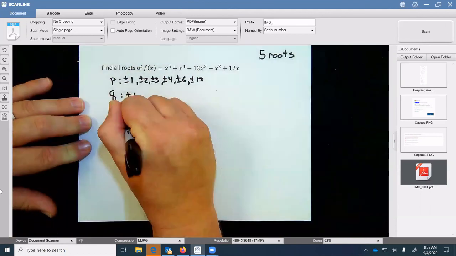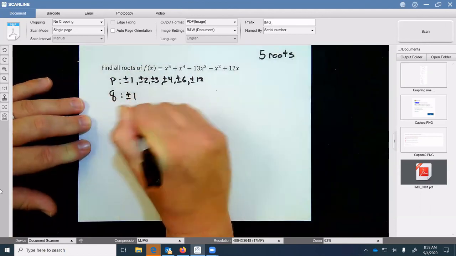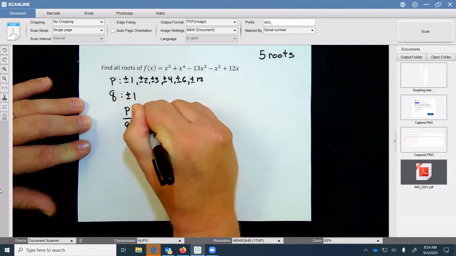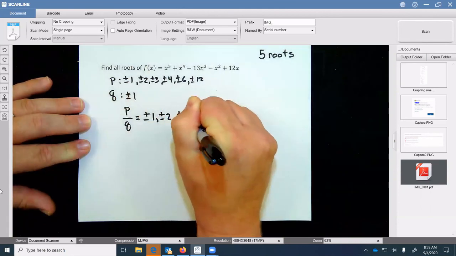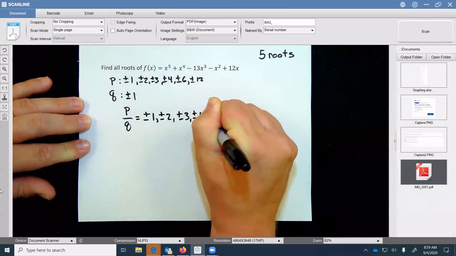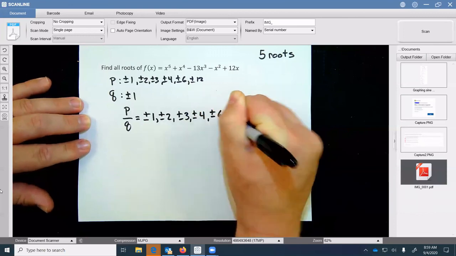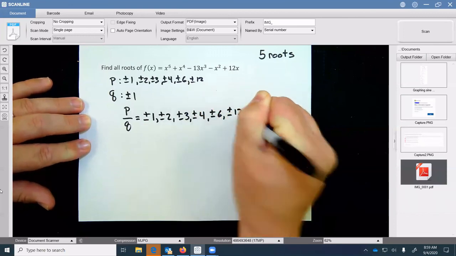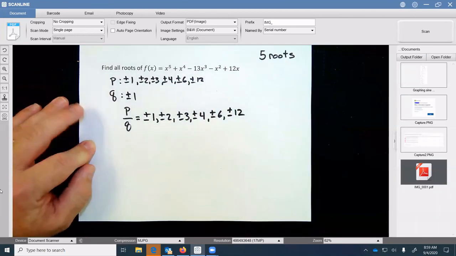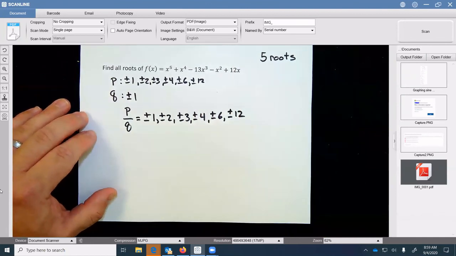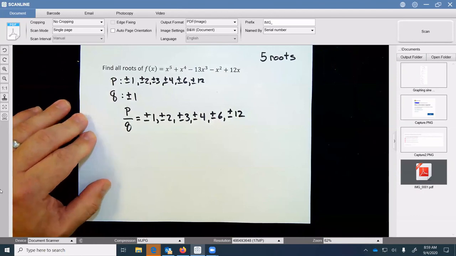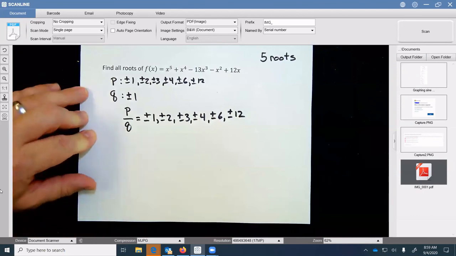So my possible zeros end up being just my different p-values. So those are the only possible factors. I will add in that 0 is always a possibility. Like in this one.